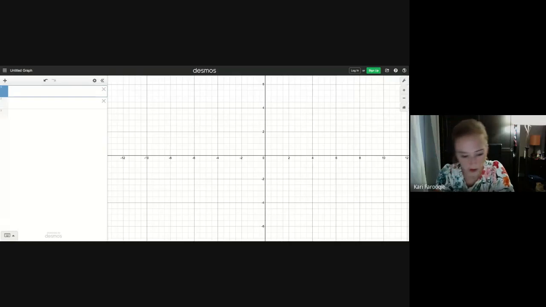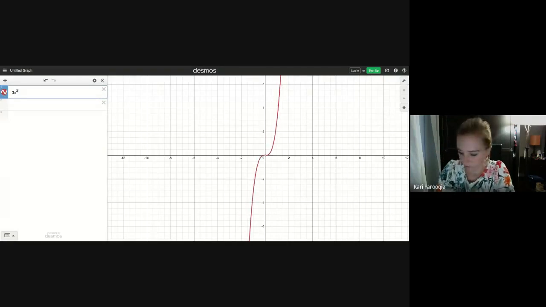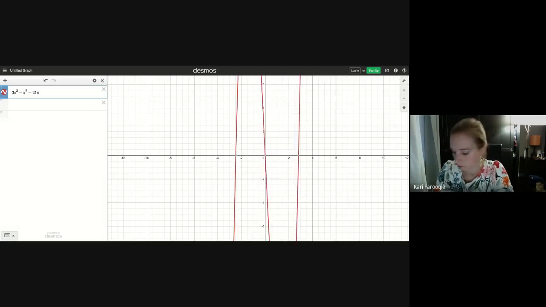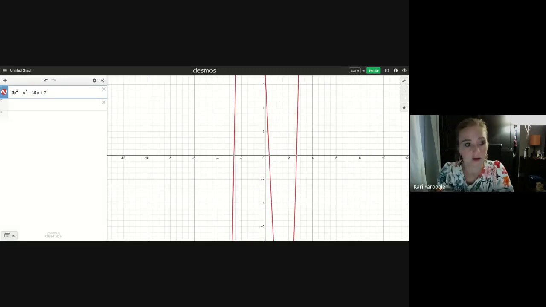So this one will be 3x cubed minus x squared. The really cool thing about this too is you can see how every little thing you enter into the function changes it. Minus 21x plus 7 equals 0. Well, actually, we don't put in the equals 0 part. We just want the function. And you can see where the zeros are. Hover over them.